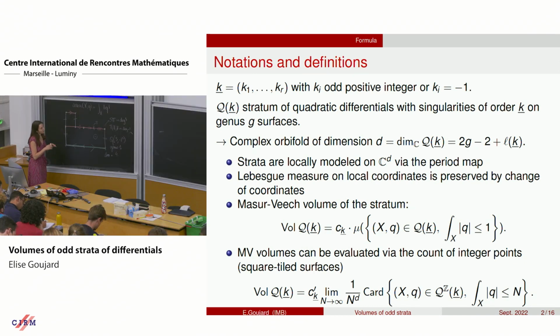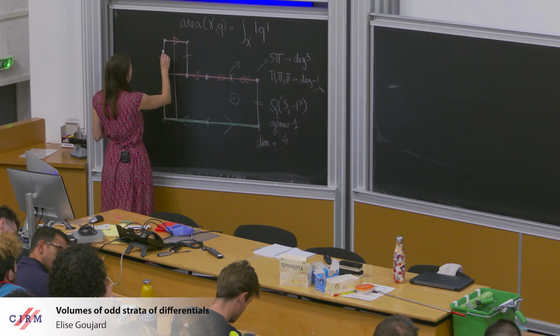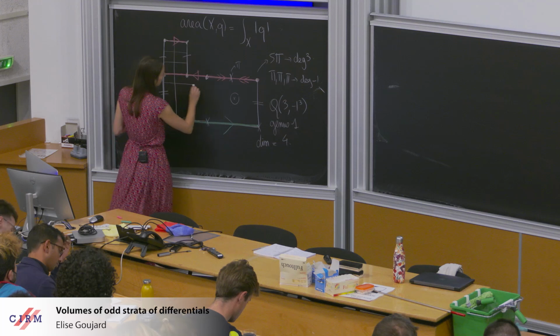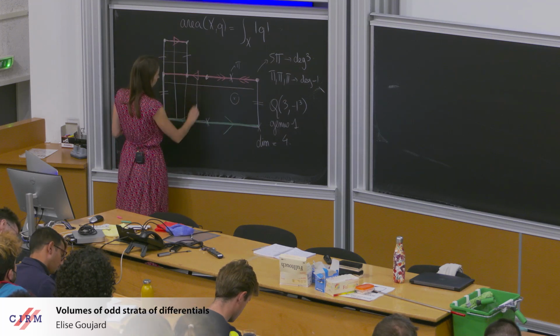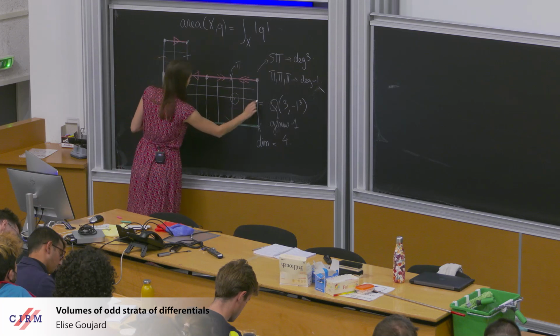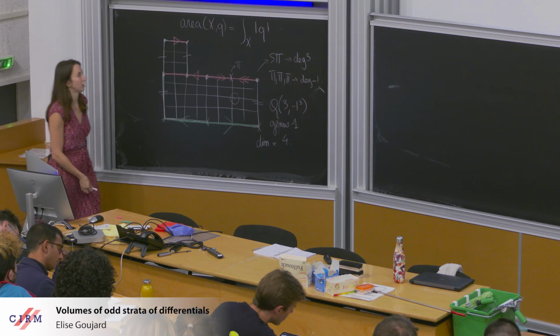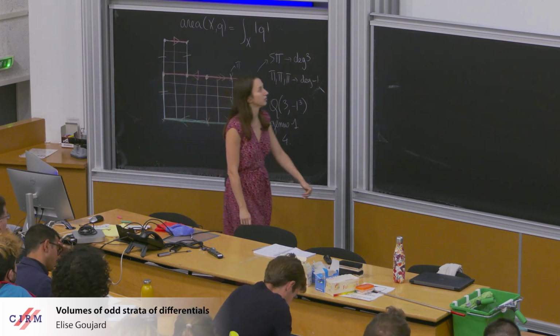But let me just say that integer points in the stratum are square-tiled surfaces. So if you can draw your surface on a grid, we will say that it's square tiled. Okay. And we want to count such integer points to evaluate volumes.